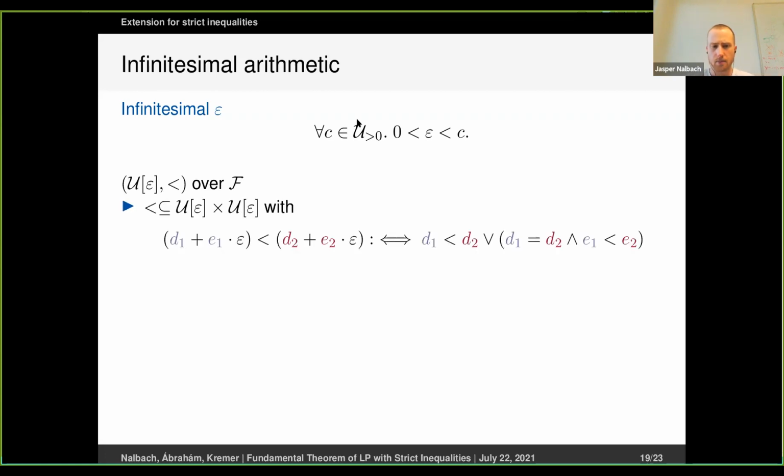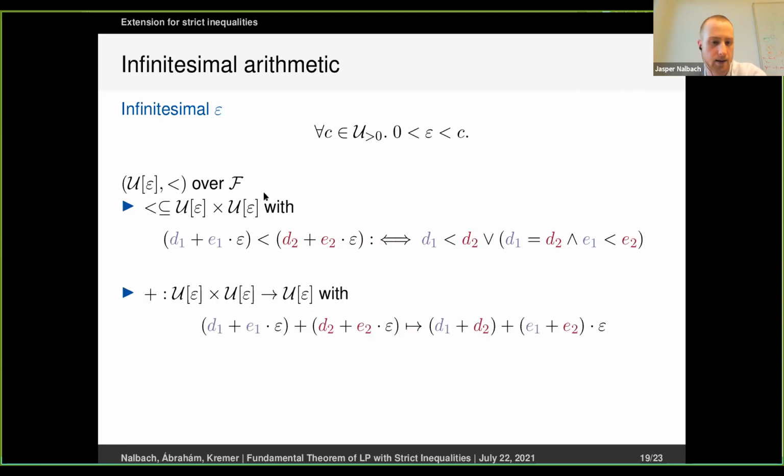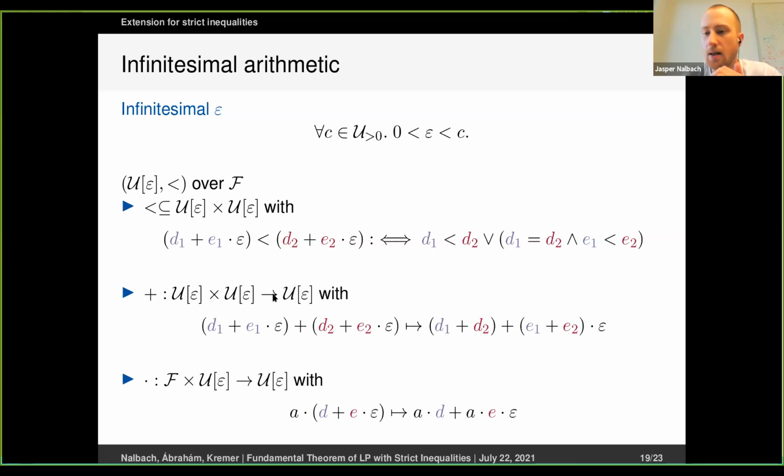And by introducing this semantic, this basically gets an extension of this vector space, and this extended vector space is now called U epsilon. Then we get a lexicographic ordering on this vector space and also additional multiplication naturally. And this semantic of epsilon is nothing special. I think it's well known, I think it's called hyperreal numbers or something like that.